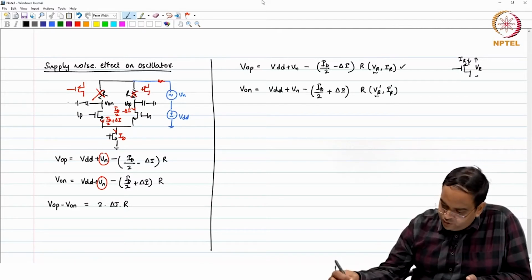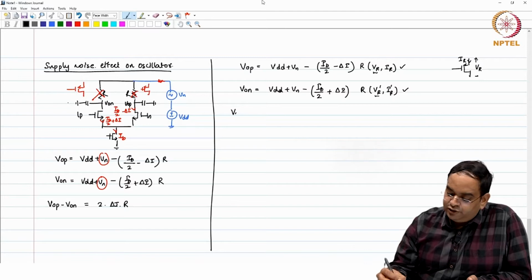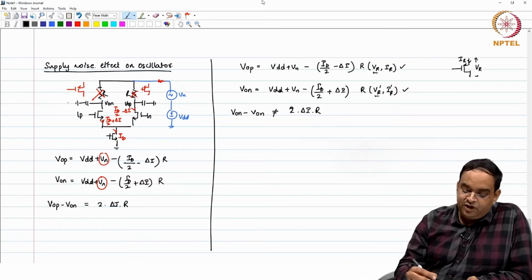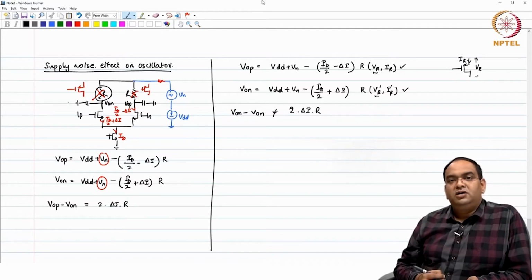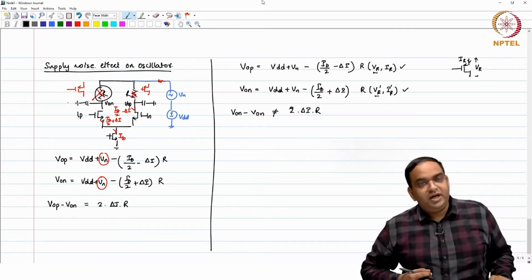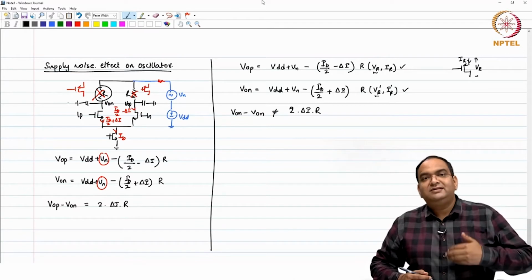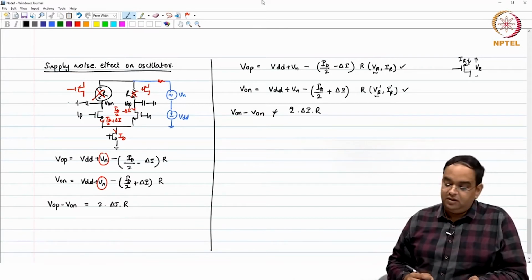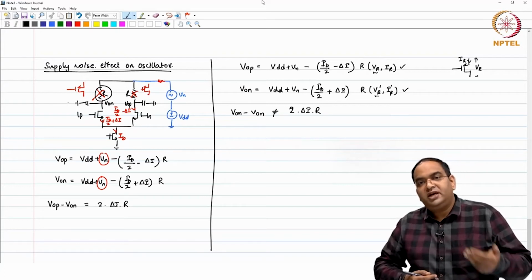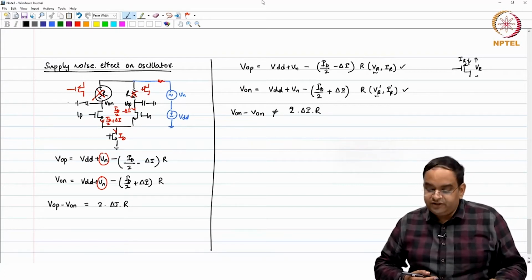And since these two values are not equal, VOP minus VON is not going to be equal to 2 times delta I R as it was when you were using passive resistors. Okay. So, this is a problem. All the noise which you get, this supply noise, you will see at the output, and that is also going to affect the phase noise.